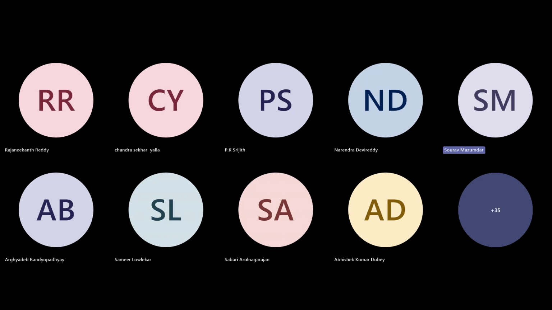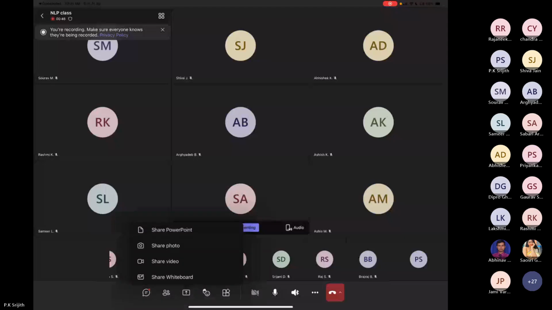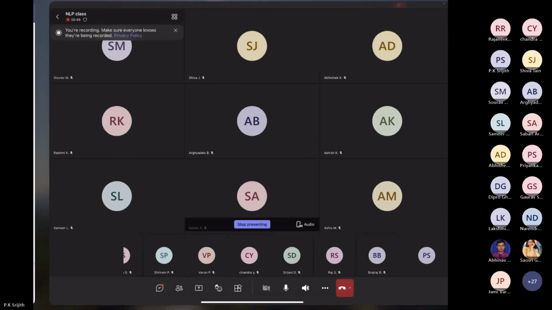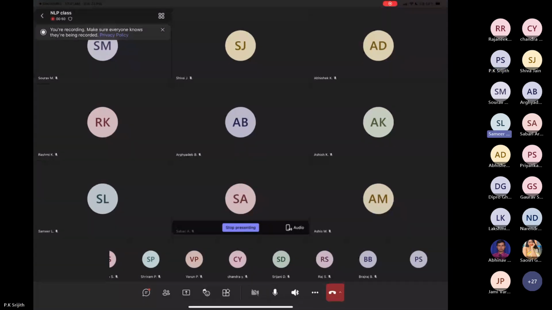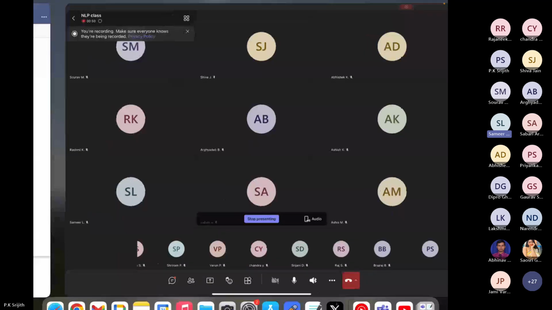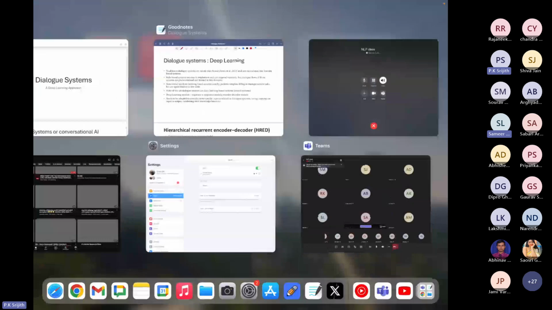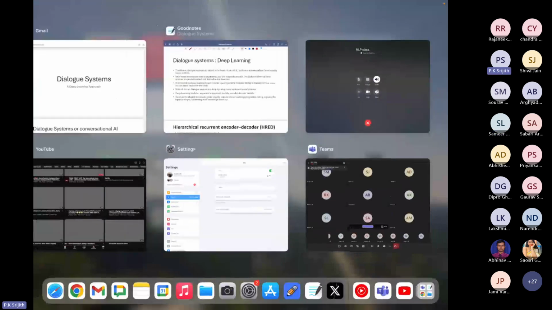No, sir, slides are not visible. Sir, your screen is now visible, but we see Teams on your screen. Now you can see, right?